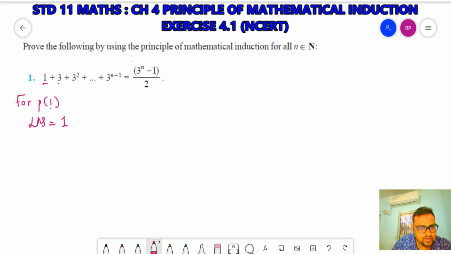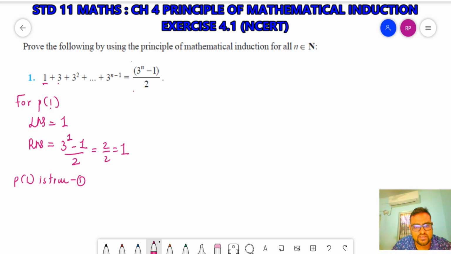That is the first term here. So LHS is equal to 1. RHS: what is 3 raised to n? Instead of n, I will write 1, minus 1, upon 2. 3 minus 1 is 2, 2 by 2, that is equal to 1. So LHS is equal to RHS. So that means P of 1 is true.